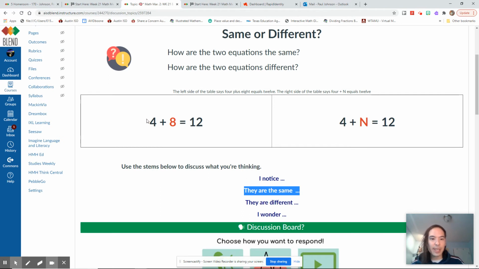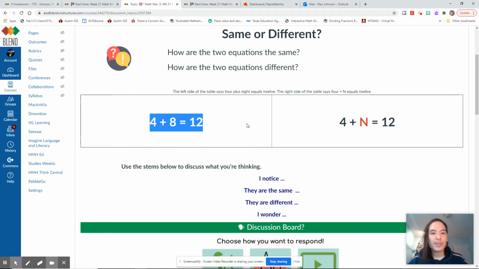So they are once again the same equation. They both equal 12. The one on the right has a letter representing an unknown value. The one on the left already shows us the value of 8. They are different because I know the value on the left. I know that it's 8. I do not know the value on the right because it is just a letter. It's an unknown value, so we have to solve that one.